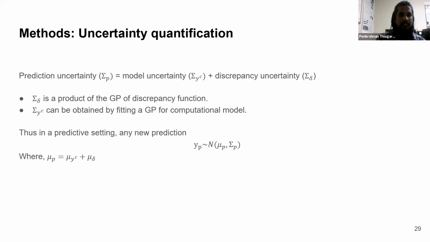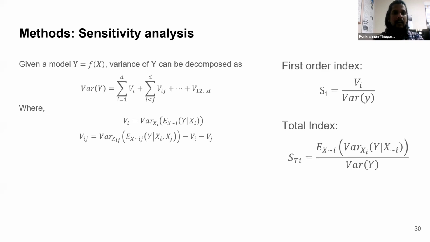Now, the overall uncertainty in the model can be written as the sum of model uncertainty and discrepancy uncertainty. The model uncertainty is obtained from the Gaussian process of the simulation model, and the discrepancy uncertainty is obtained from the GP of the discrepancy function. Adding these two, we get the overall uncertainty of the model. Next. A sensitivity analysis is also performed to properly understand the input-output relationship.